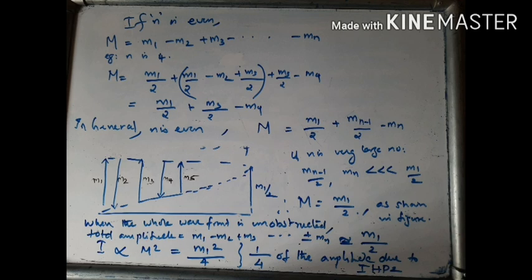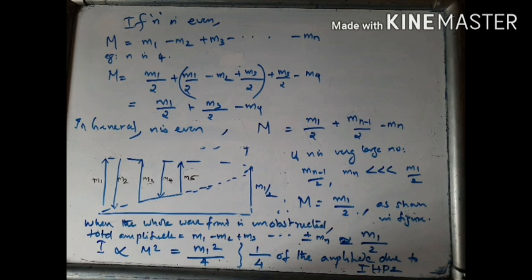In that case, the total amplitude can be taken as m1 by 2, as shown in the figure. So whether n is an even or odd number, if n is a very large value, then the total amplitude will be m1 by 2.